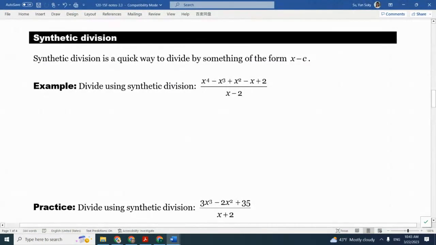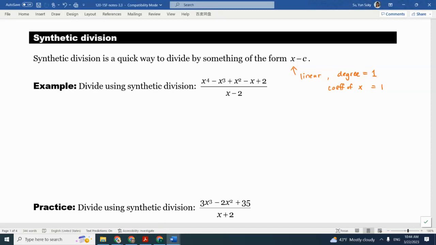So synthetic division is a quicker way to divide something of the form x minus c. You see, this is a linear term. Okay, so linear, which means the degree has to be 1. And also, you see the coefficient of x has to be 1.